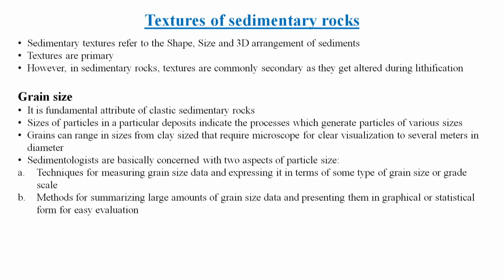So, the first consideration that should be taken into account is the grain size. Obviously, the grain size is an important factor in case of sedimentary rocks. Be it any rock, igneous, metamorphic as well as sedimentary, but in case of sedimentary rock, it also gives you an idea about its origin.